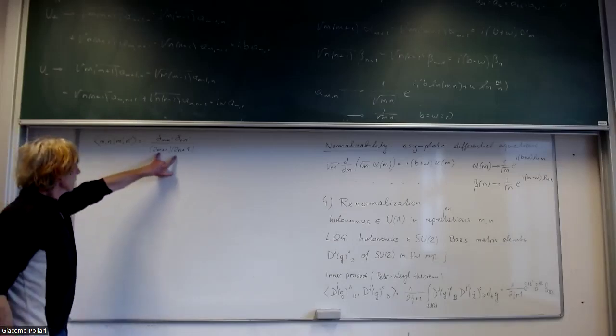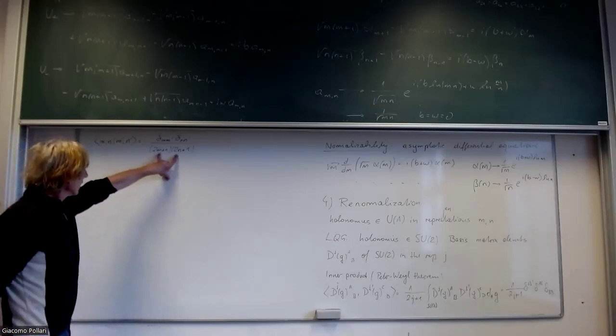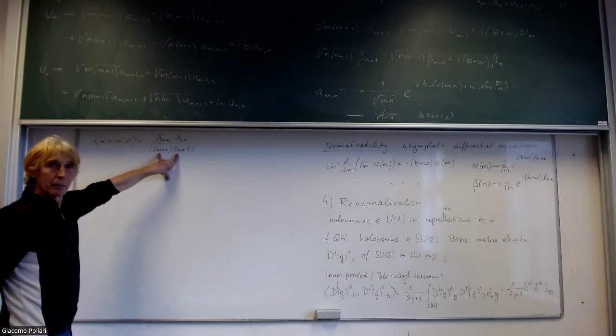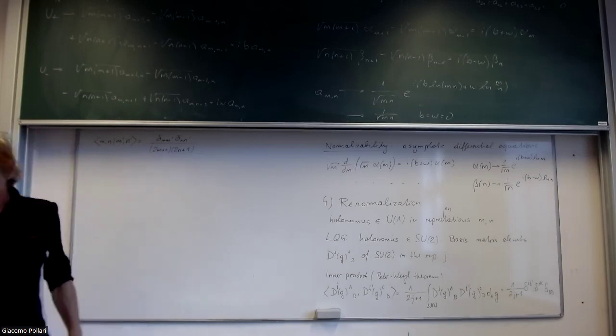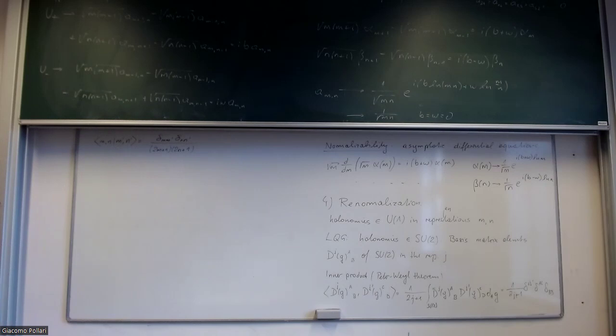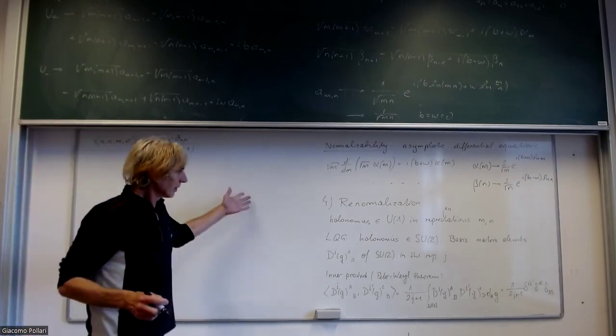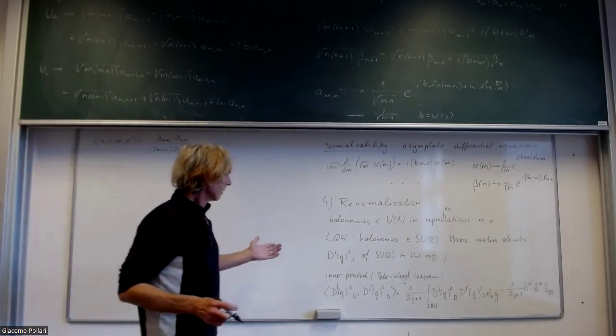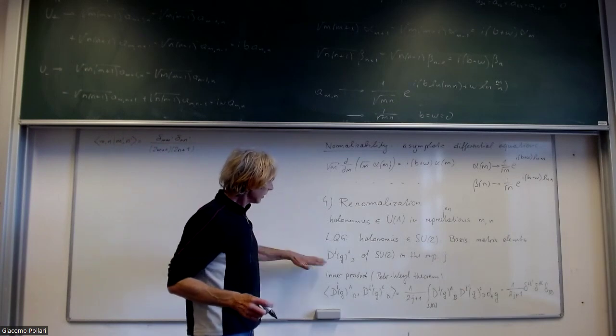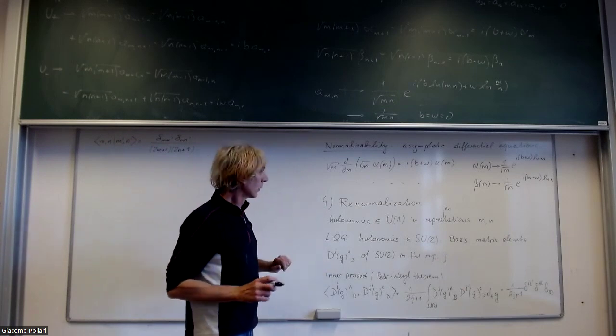And this saves at least normalizability. So you're promoting your theory from U1 to SU2. Well, I introduce part of SU2 into the formalism as far as we have it now.